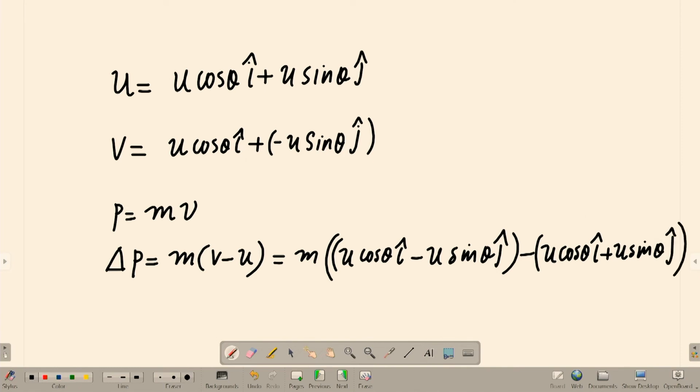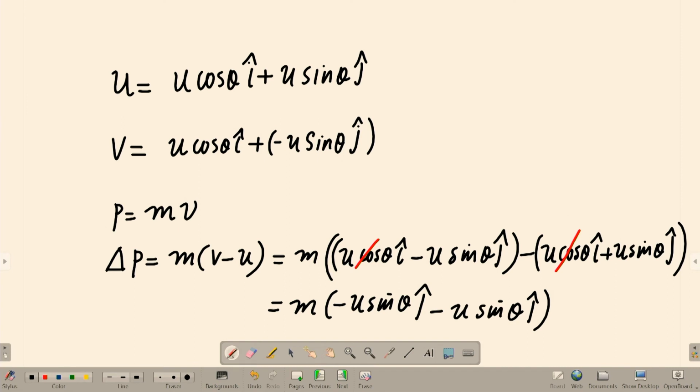When you do this math, u cos theta minus u cos theta vanishes. The only thing remaining is m multiplied by minus u sin theta, minus u sin theta in the j direction. We can add these together, so minus 2u sin theta will come.